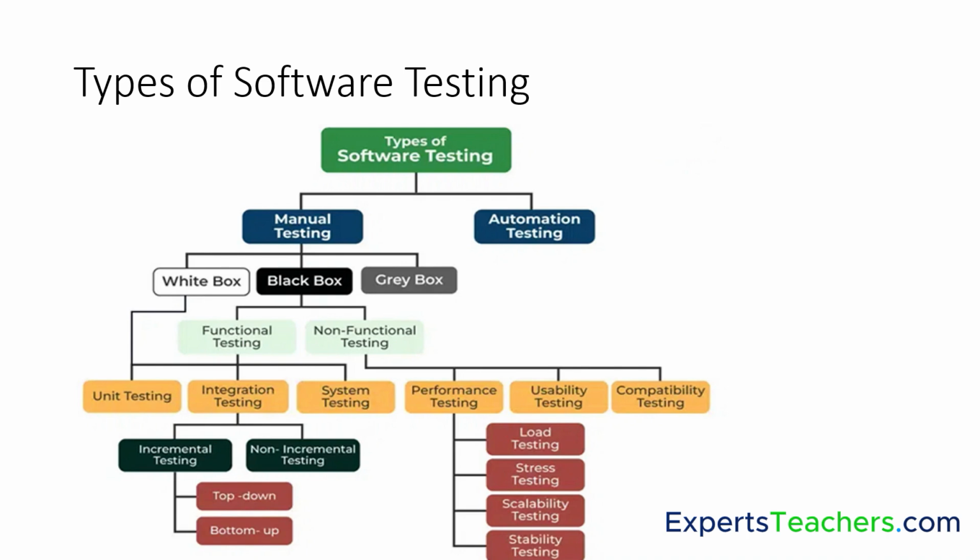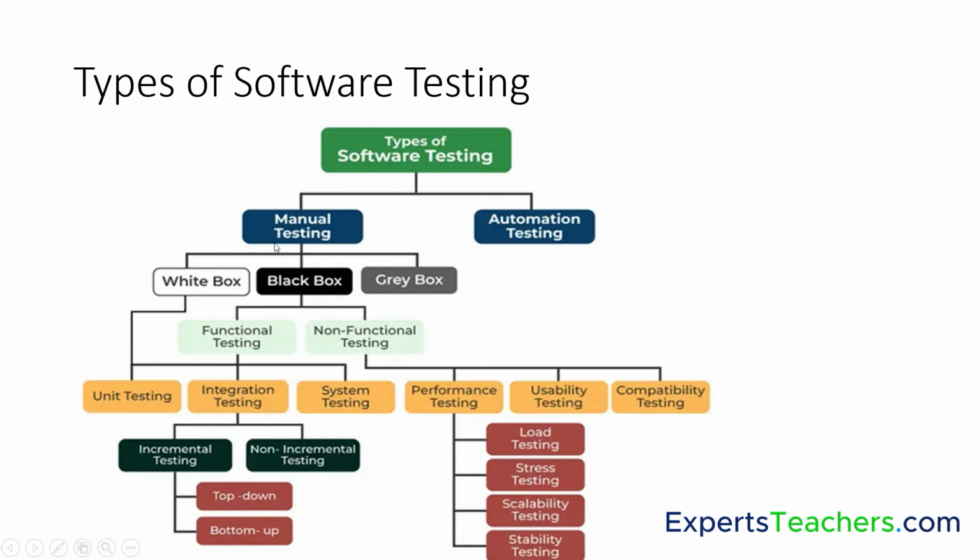There are many automation tools. If we are performing testing using any automation tool, it is called automation testing. But if we are doing testing without the use of any automation tool, then it's manual testing.